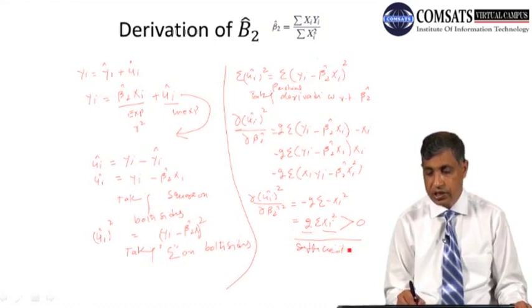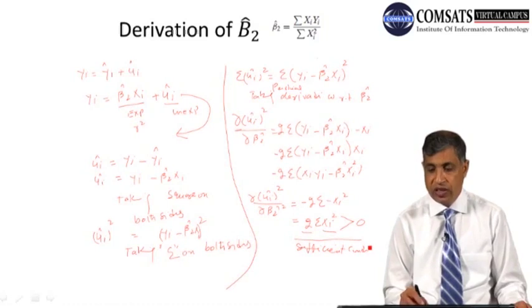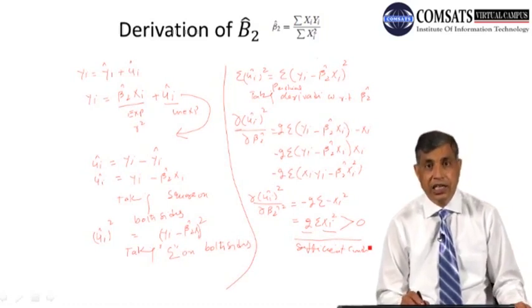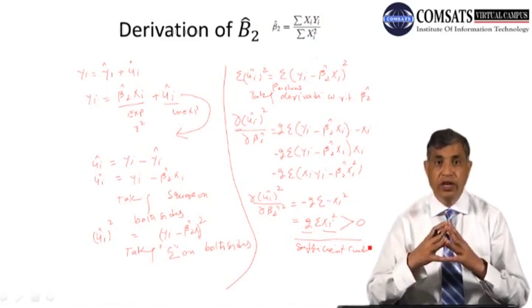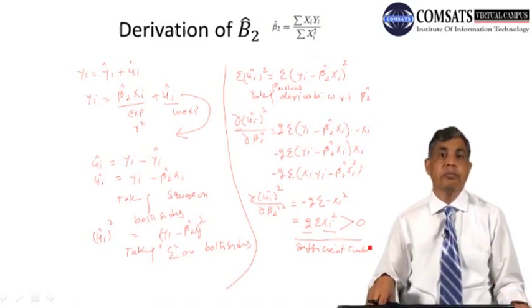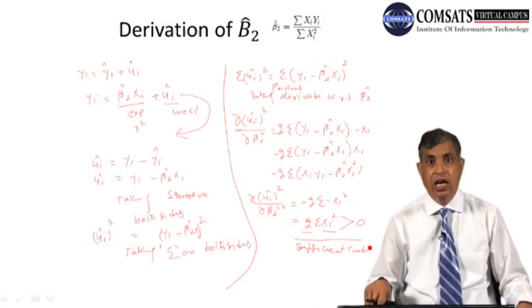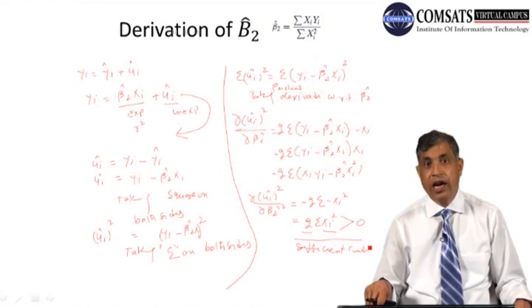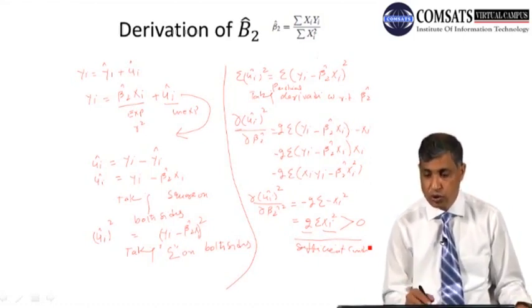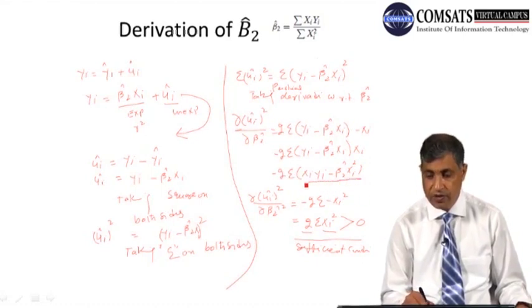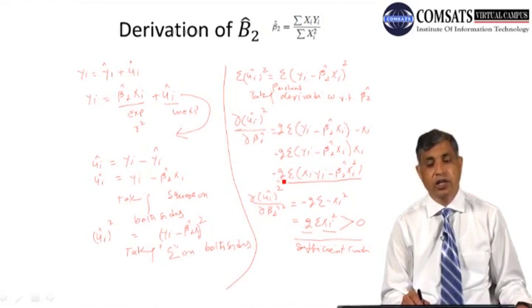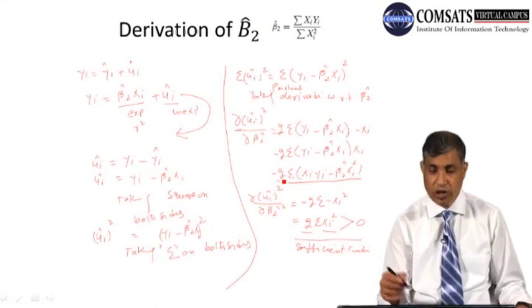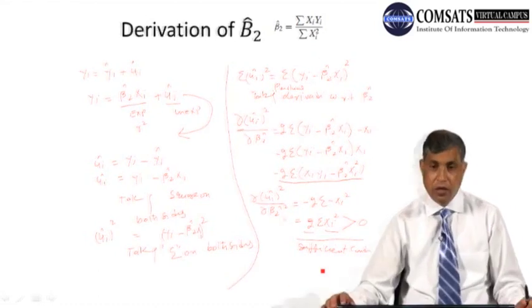We have not yet derived the estimator, but we have now proved that this is the minimum. The first was the necessary condition, in which we put the first derivative equal to 0. So in refined form, I would like to write the first derivative equal to 0.